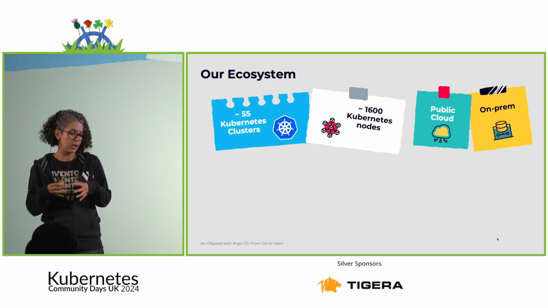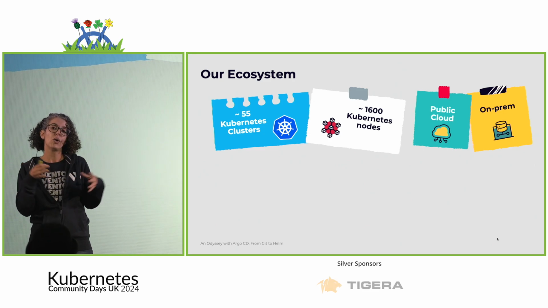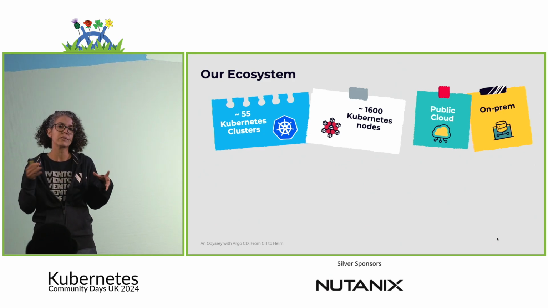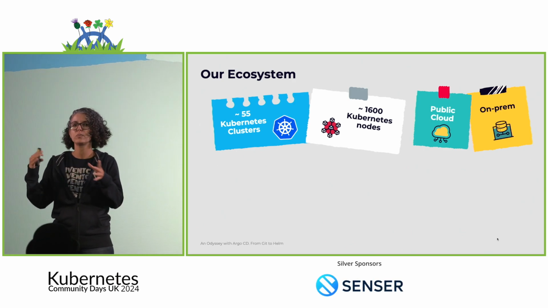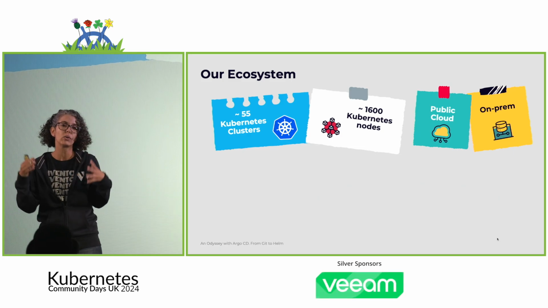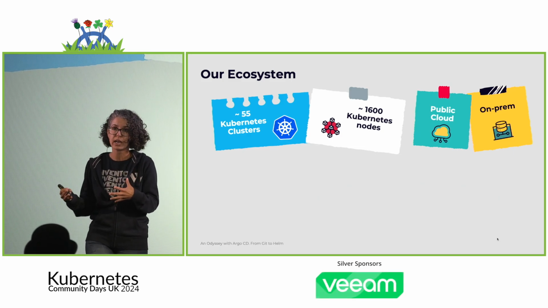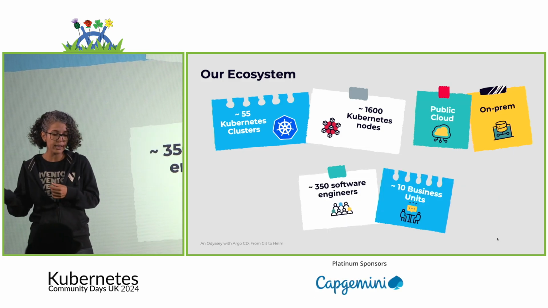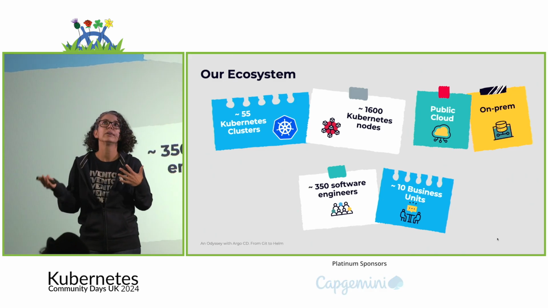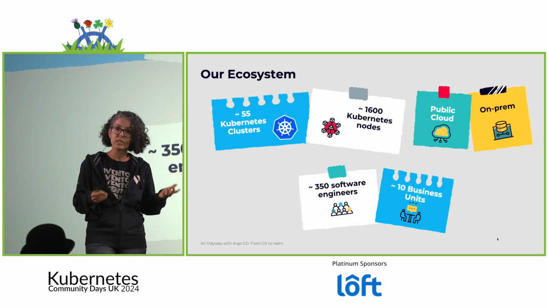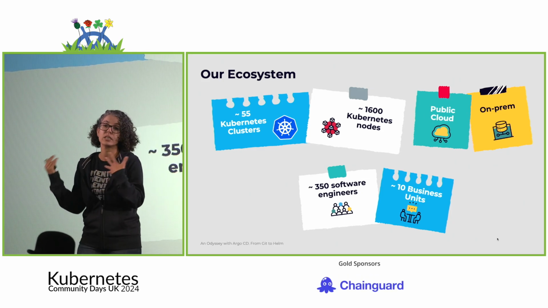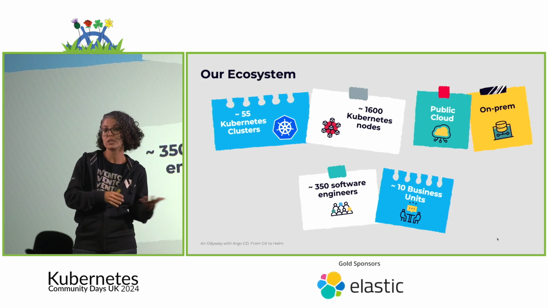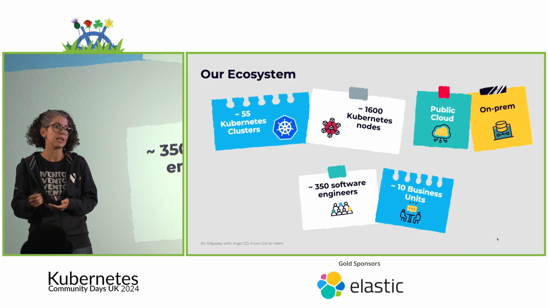Some of these Kubernetes clusters are almost independent. We have some security requirements for some of them, so they need to be kind of isolated and only have access to their own artifacts. On the other hand, we work with around 350 software engineers split into different business units, and each business unit deploys their applications to some of those Kubernetes clusters.